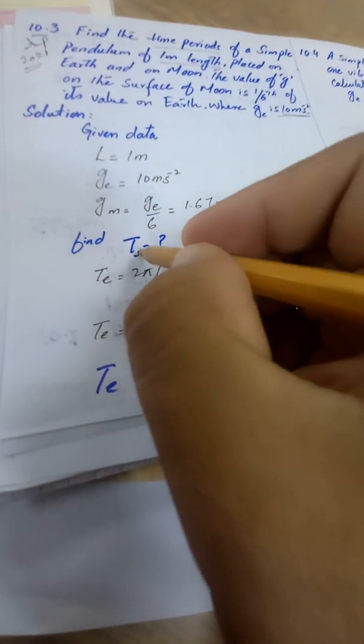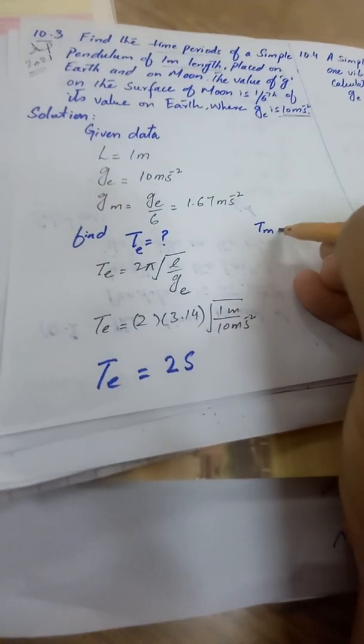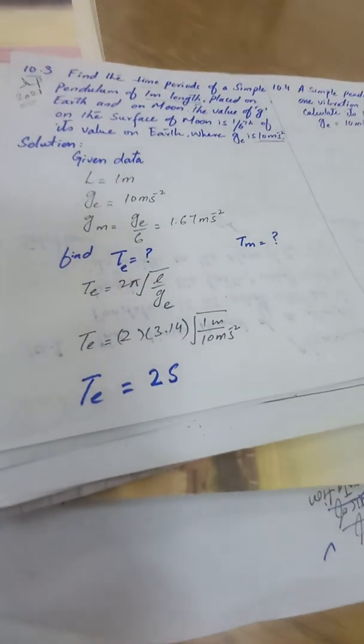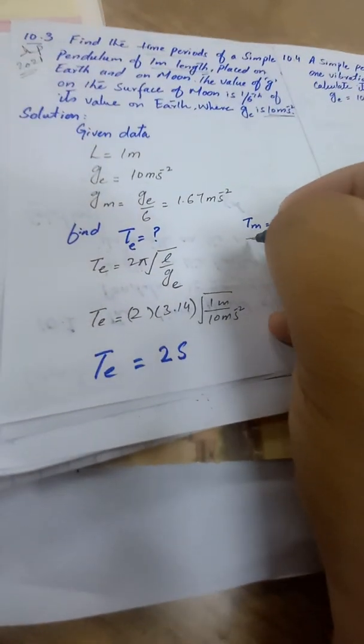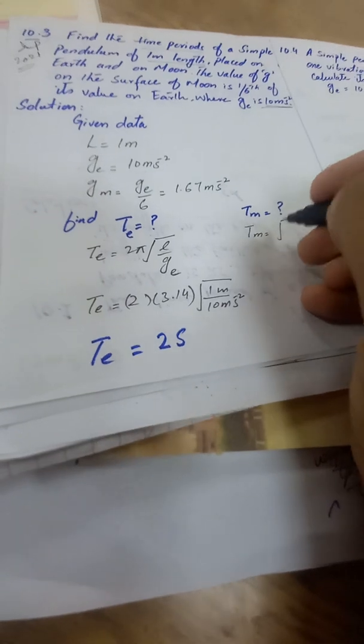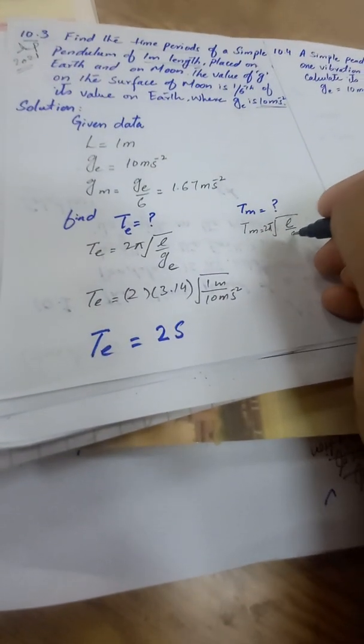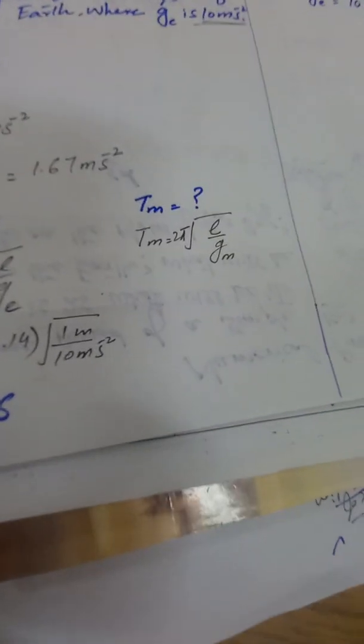So this is the time period on the surface of the earth, and now we calculate the time period on the surface of the moon as well. We use the same formula, just with a subscript M for the surface of the moon. The length is the same, but the acceleration due to gravity is changed.